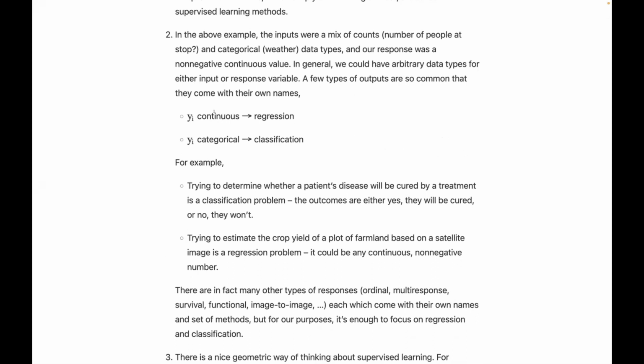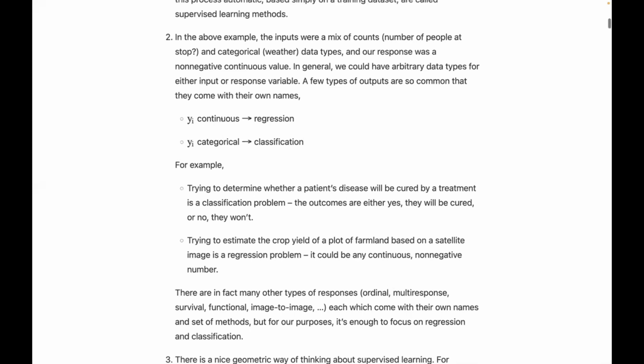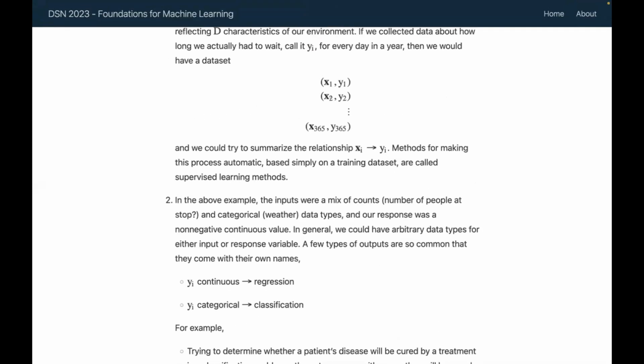It could just be a couple of categories, like early, on time, or late, and then it becomes a classification problem. This makes a big difference in the kinds of methods that are appropriate. You should first check the data type, especially of the response, but the data type of the inputs can also guide your decision about which methods to use.